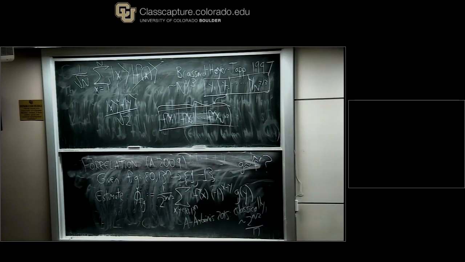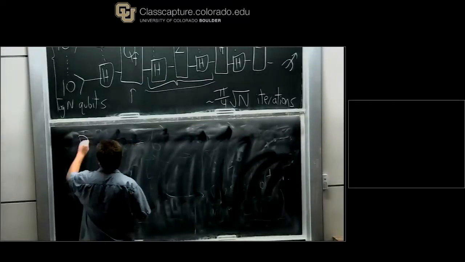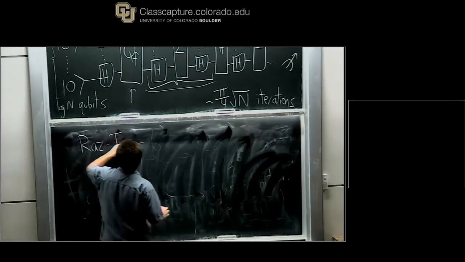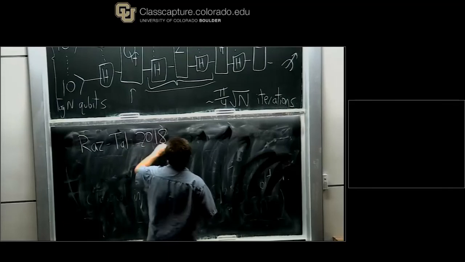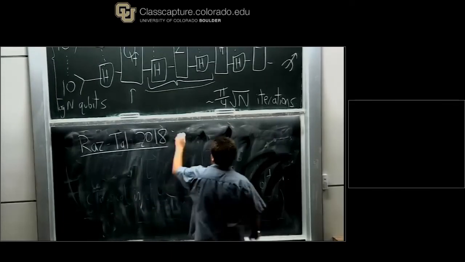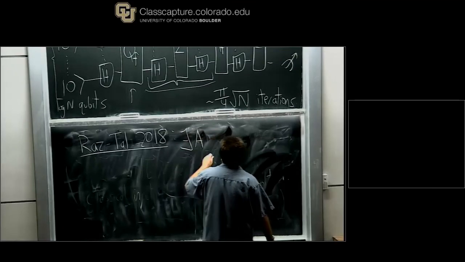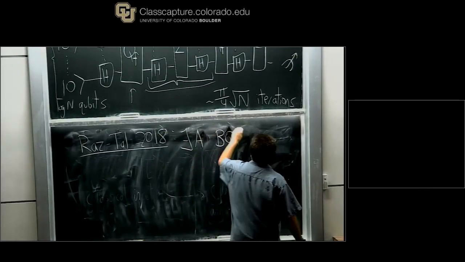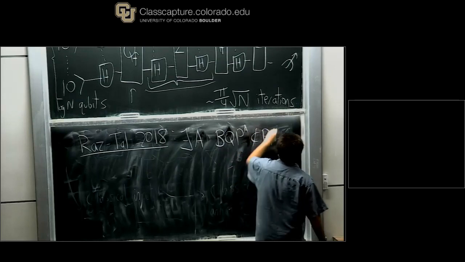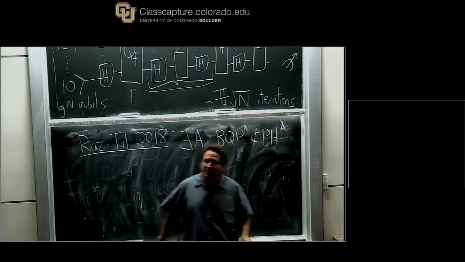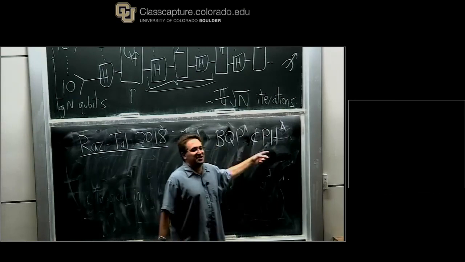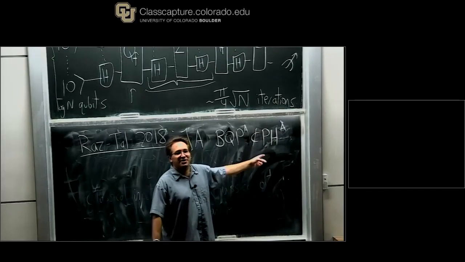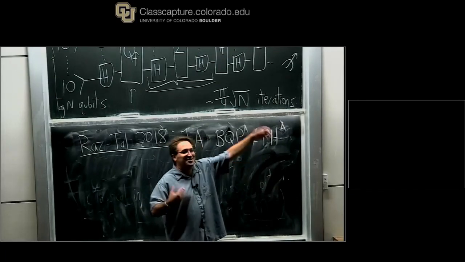But it's more than that, because as some of you may have heard, there was a breakthrough in complexity theory just a couple of months ago, when Ran Raz and Avishay Tal, solving a 25-year-old open problem, showed that there exists an oracle A relative to which BQP is not contained in the entire polynomial hierarchy, which is a generalization of NP to allow NP with an NP oracle, NP with an NP oracle with an NP oracle, and so forth.